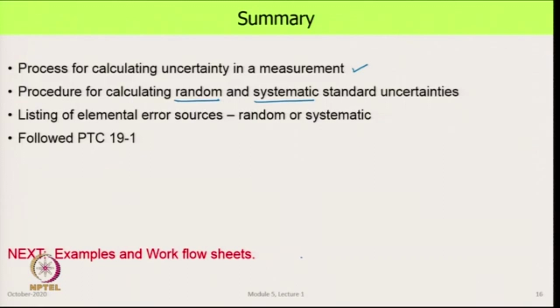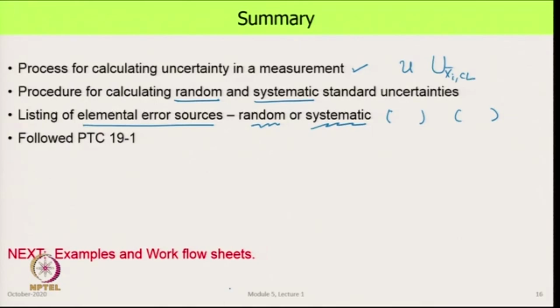We saw how we could get those uncertainties from elemental error sources for both random and systematic error sources. And finally, we got the relation by which we can combine these for both of them, random and systematic, and get what we were looking for, which is u x I bar comma C L.